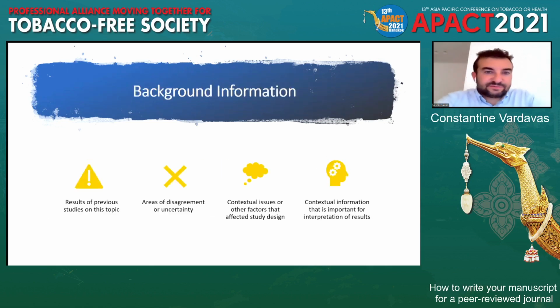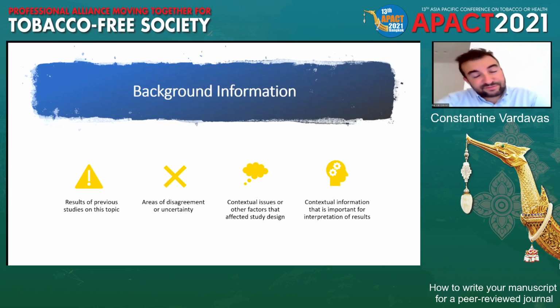Now, background information is also very important. What are the results of previous studies on this topic in the introduction? Are there areas of uncertainty? For instance, especially in the beginning of the COVID-19 pandemic, the introductions of manuscripts related to COVID-19 and tobacco showed a difference in information on whether smoking is a risk factor for COVID-19.